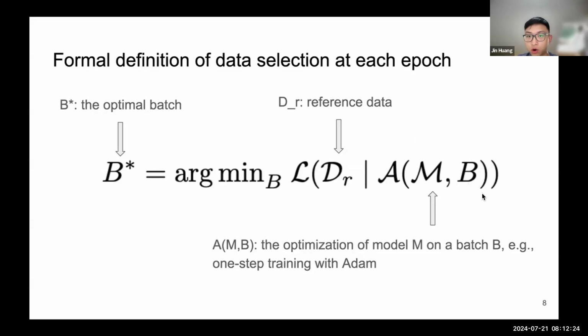We enumerate all the possibilities, train one step for each of them, calculate the loss on the reference data, and select the batch B with the smallest loss, and we regard that batch as the optimal batch for the data selection at this epoch. Yeah, do you have any questions regarding this formulation?